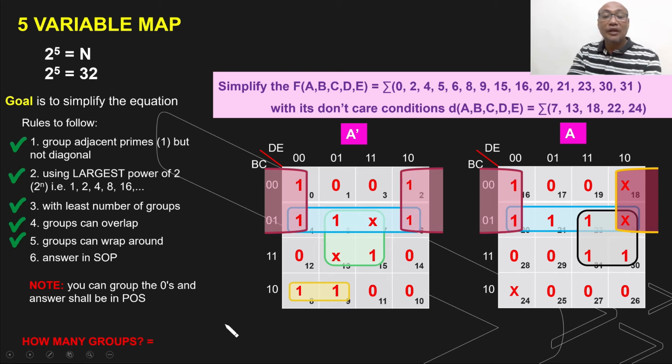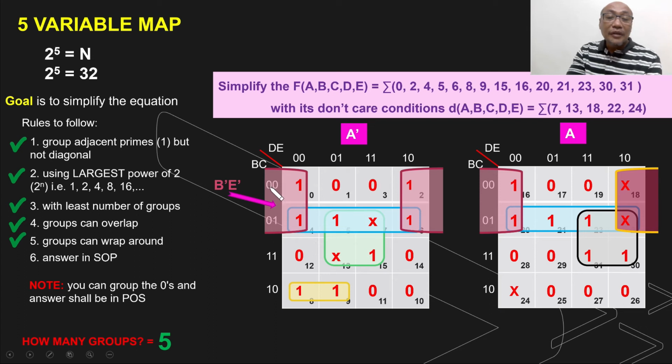We have actually only 5 groups. So what's now the resulting value of the groups that we have? So for this brown group, looking into A, it is 0 here and here is 1, so therefore A is already eliminated.